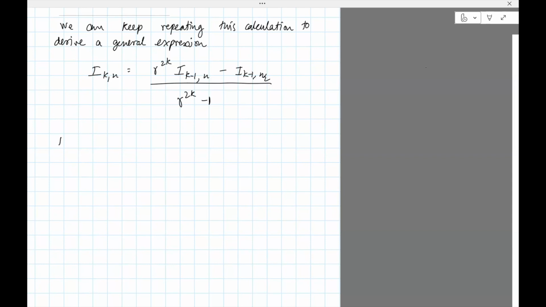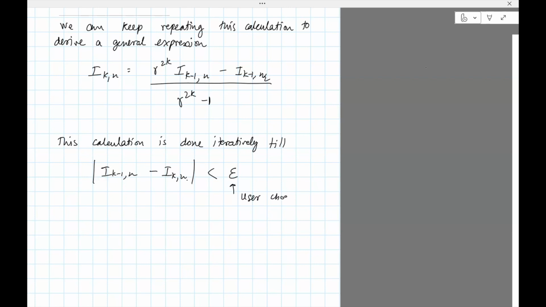Okay, so this calculation is done iteratively till we have something like this: I at iteration k minus 1, n minus I computed at iteration k, n, the absolute value is less than some user chosen tolerance.